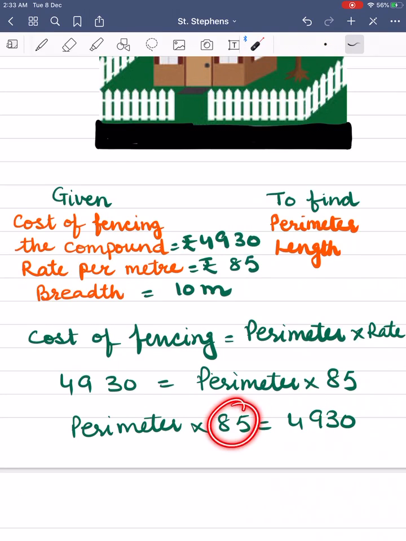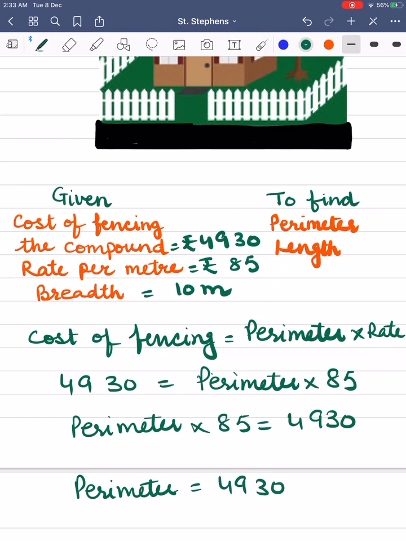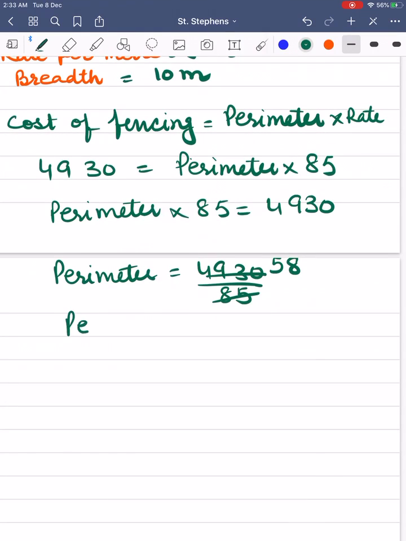Transpose 85 to the other side. Here it is being multiplied, so on transposing it will get divided. So we have perimeter is equal to 4930 upon 85, and on dividing we get here 58. So perimeter is equal to 58 meters and breadth is equal to 10 meters.